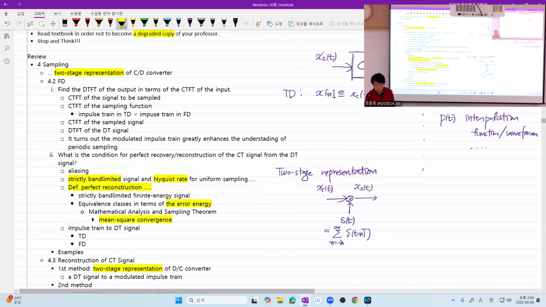This is very important. Your continuous time signal is then processed by the modulated impulse to discrete time converter to have x of n. So simply the textbook says impulse to DT signal.